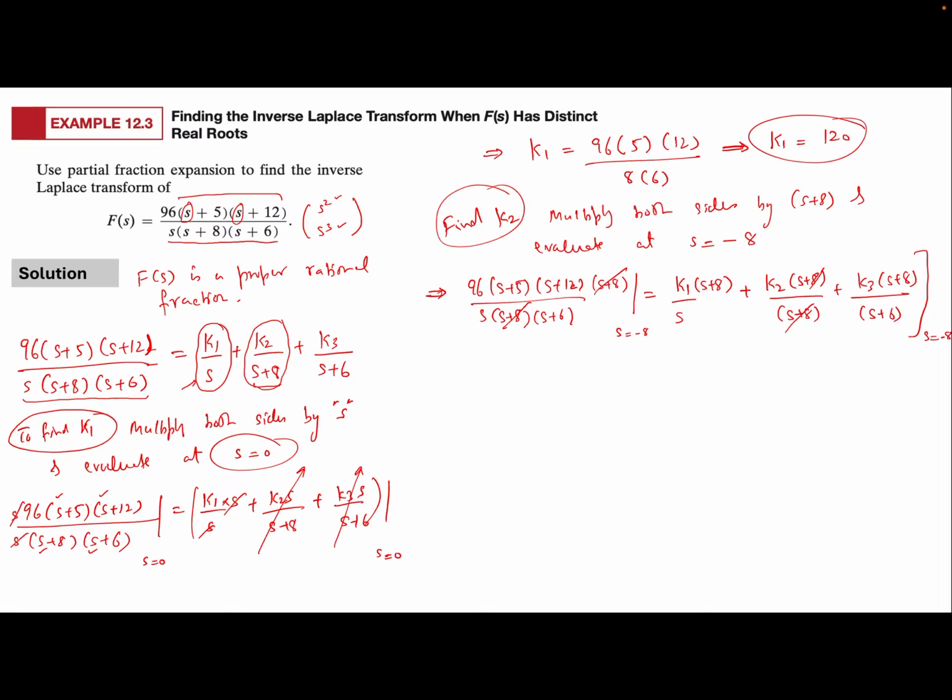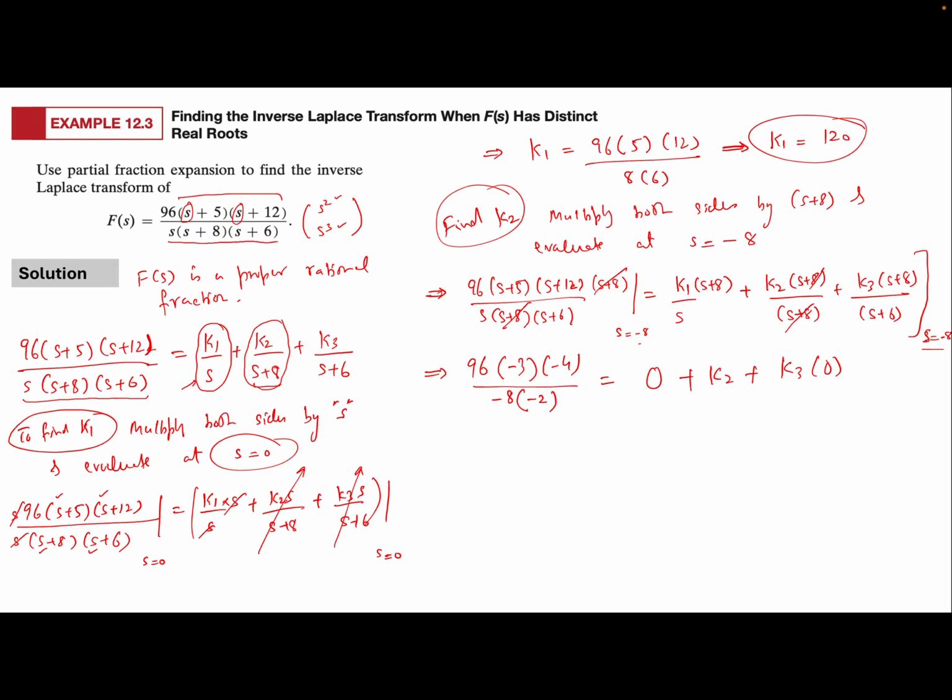Now, what is happening here is, once we evaluate the left hand side at s equals minus 8, we get 96 times (minus 8 plus 5) times (minus 8 plus 12), which is minus 3 times 4, divided by minus 8 times (minus 8 plus 6), which is minus 2, equals K2. When I put s equals minus 8, this makes the K1 term 0, K2 is over here, and K3 becomes 0 as well.